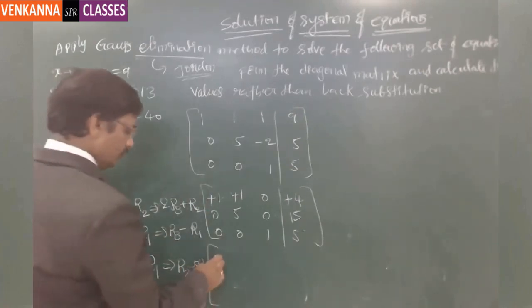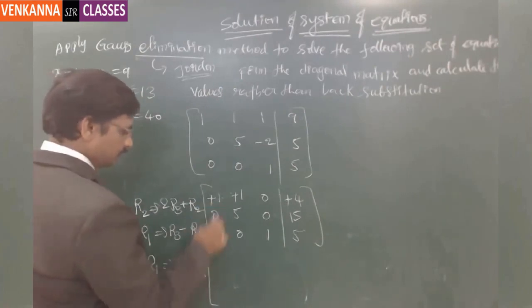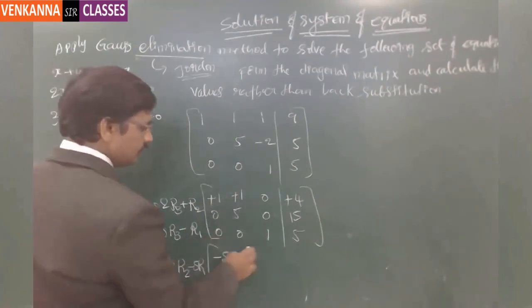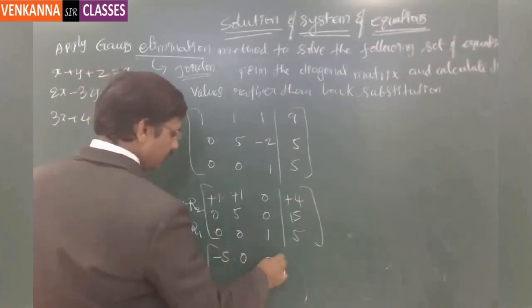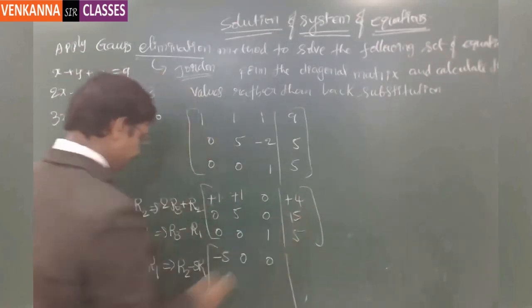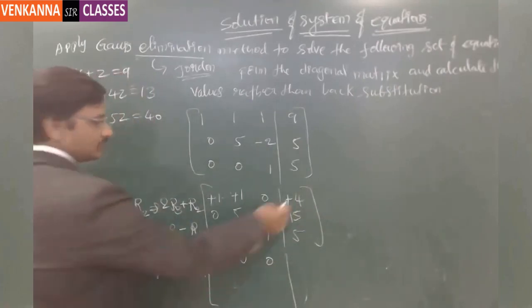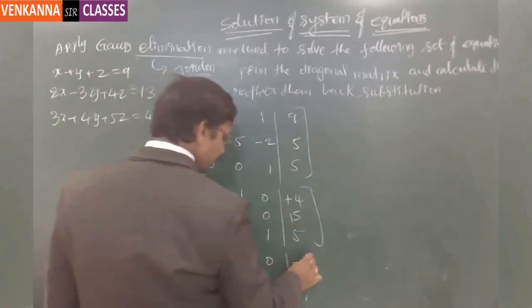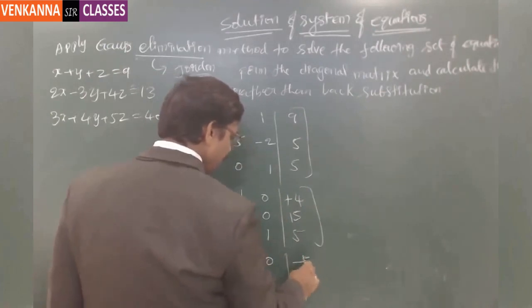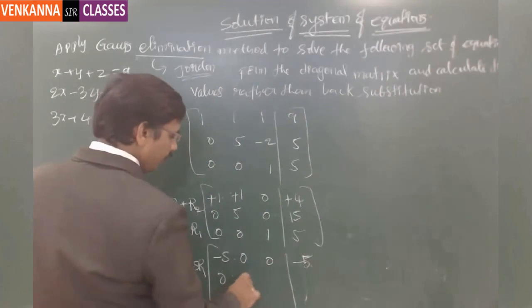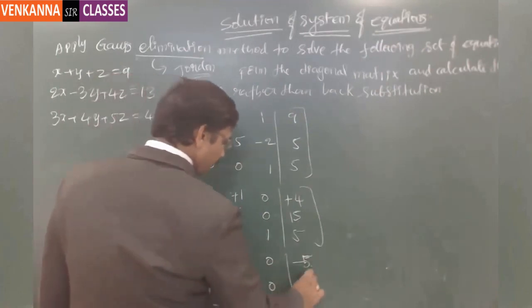So this is going to be minus 5 times R1 is minus 5, and this is 0, and this is 0, and R2 is 15, minus 5 times R1 is 20, 15 minus 20 is minus 5, and this value keep as it is 0, and then 5 and 0, 15.